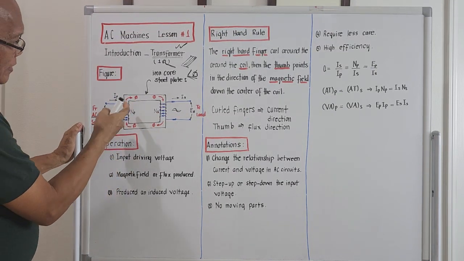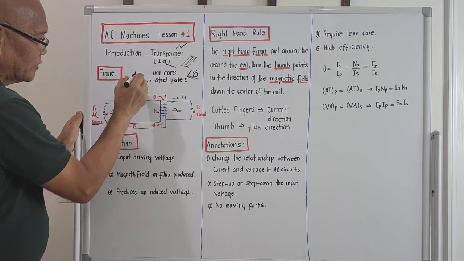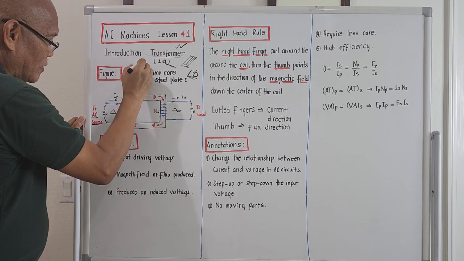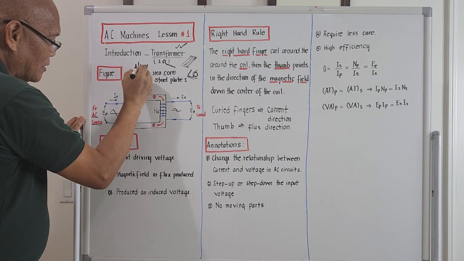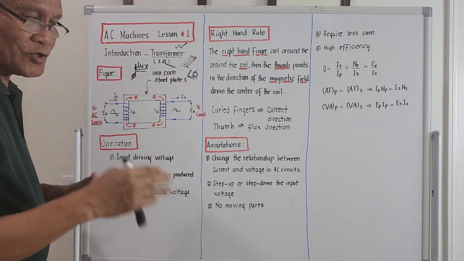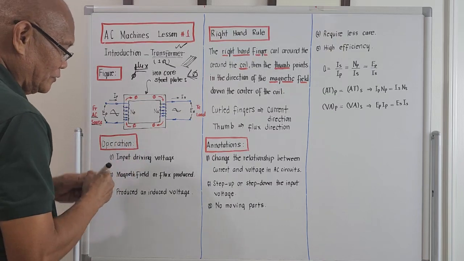This symbol here, under the study of the transformer, we consider as flux, or magnetism. Because to produce an induced voltage, there should be a current. What happens now?